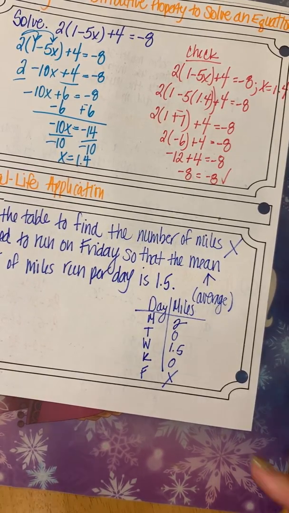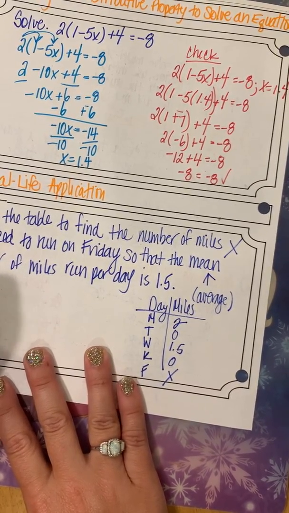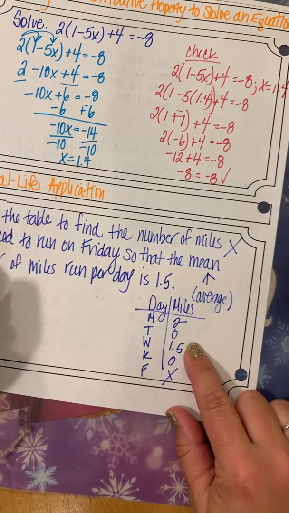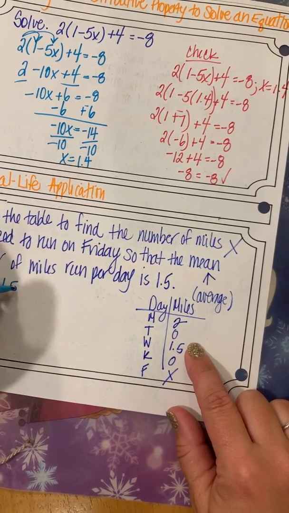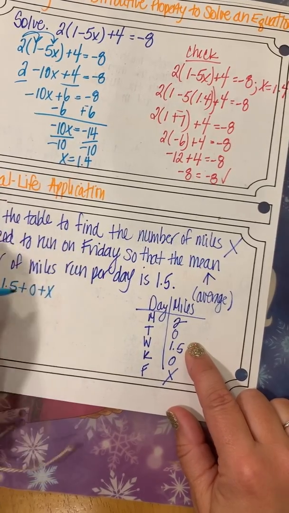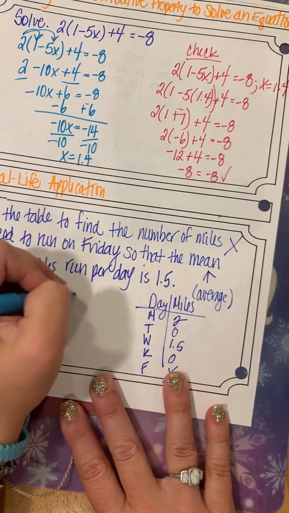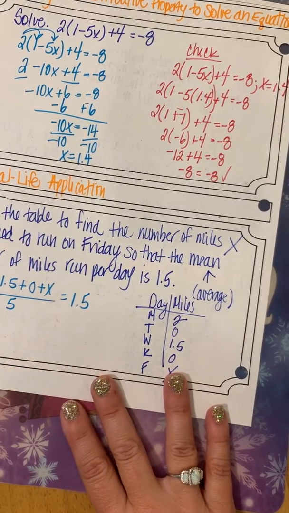So in order to find an average, I have to add all of these up and divide by however many there are. So I'm going to get 2 plus 0 plus 1.5 plus 0 plus x divided by 5. That's going to give me the average. But we said I wanted it equal to 1.5.